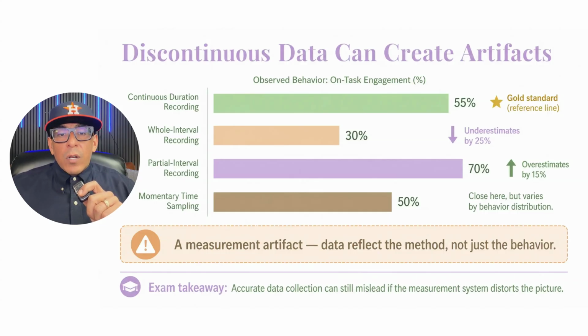Whole interval recording produced 30%, which underestimated actual occurrence. Partial interval recording produced 70%, which overestimated actual occurrence. Momentary time sampling produced 50% in that sample, which was fairly close to continuous duration, but the text warns that different behavior distributions can produce different outcomes. Exam takeaway: discontinuous data can be collected accurately and still give a misleading picture because of the measurement method.